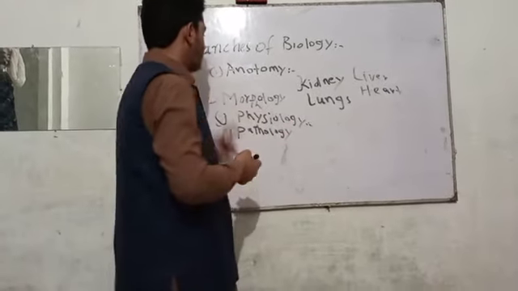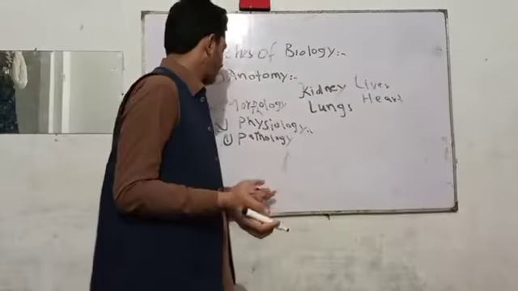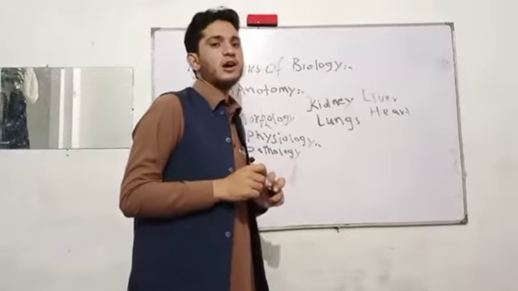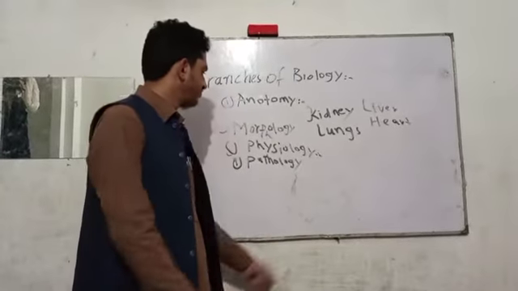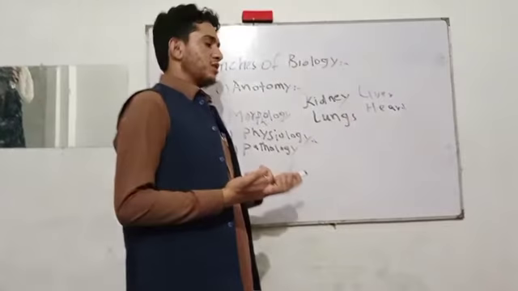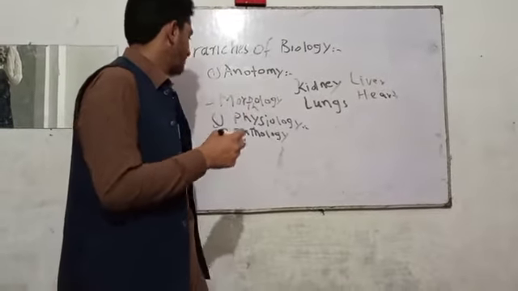Pathology is the opposite of physiology, in which we study the abnormal function of the living body. We can also define it as the study of disease of living organisms. When our body is abnormal, the study at this time is called pathology.